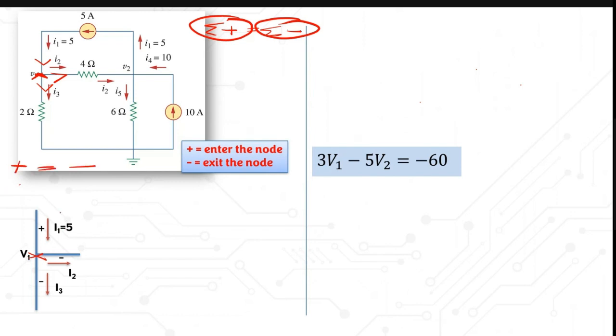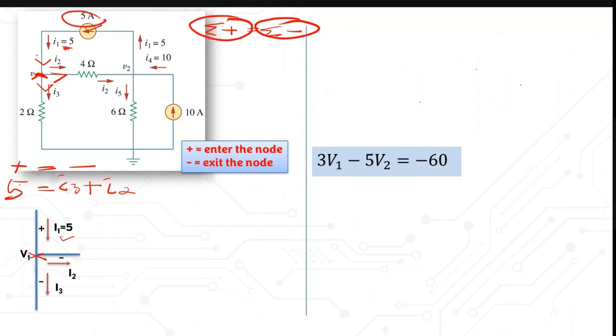So for the entering I put positive, and for the leaving I put negative. So what I can write here, for the positive, is I1, which is equal to 5. So I just write 5, and equal to the negative sign, I2 plus I3, because it is a summation, so I just sum these two currents. For I1, I already have the value of the current, which is 5.